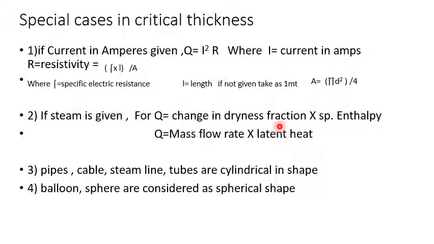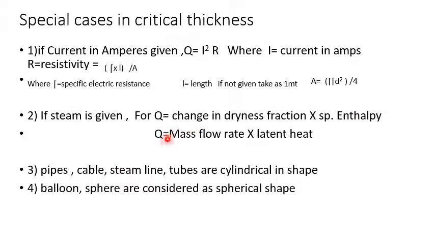It generally ranges from 0 to 1. So 0.8, 0.9 are these values, or they will mention two dryness fractions, before insulation and after insulation, then I have to take the difference of that, and specific enthalpy. Here it is the specific enthalpy of the fluid, that is hfg.